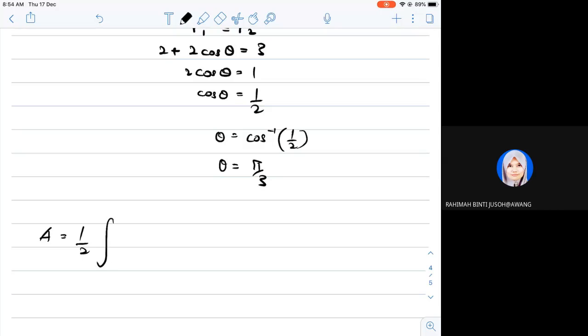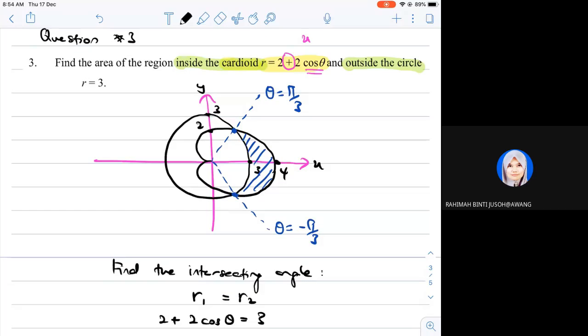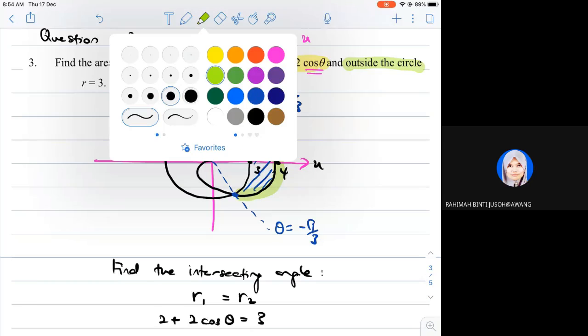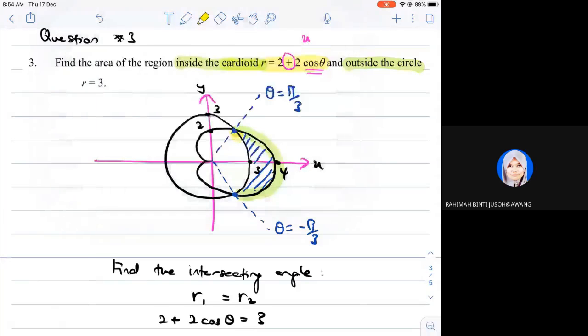1 over 2, start from negative pi over 3 until pi over 3. And then we have what? Circle minus cardioid or cardioid minus circle? Cardioid minus circle. Okay, good. Let's say this is the line of cardioid, and then the yellow color is the line of circle.